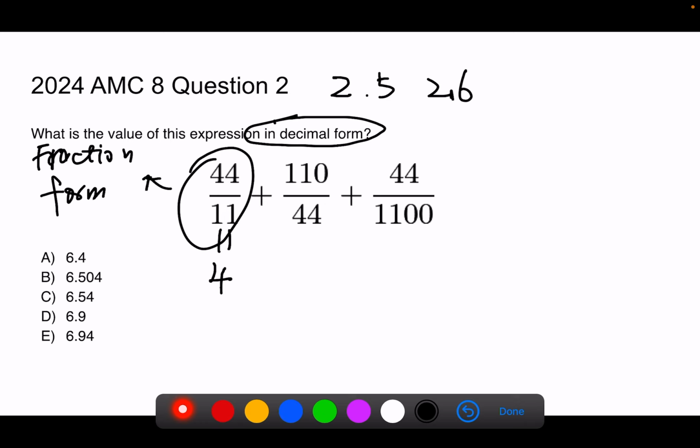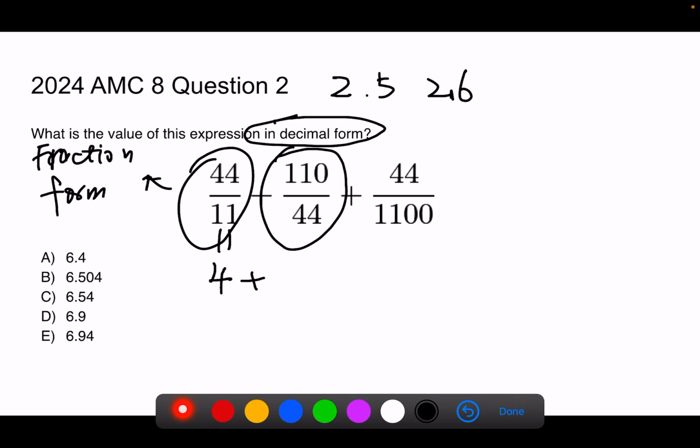Now let's move on to the second term, 110 divided by 44. This is where fraction simplification becomes important, because 110 divided by 44 is not very easy to calculate.